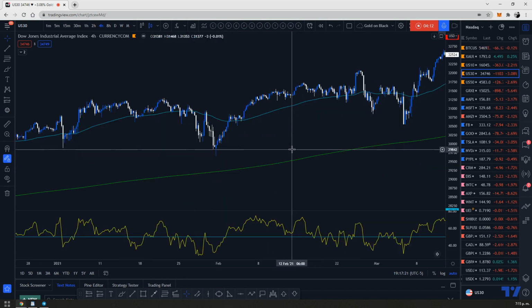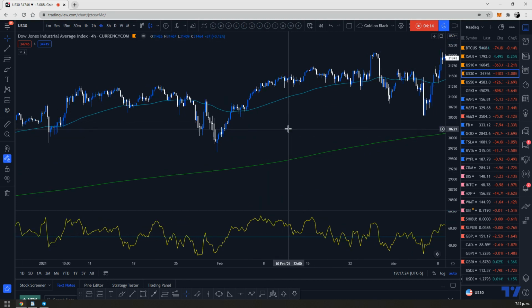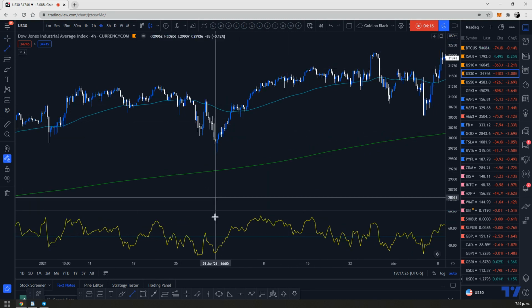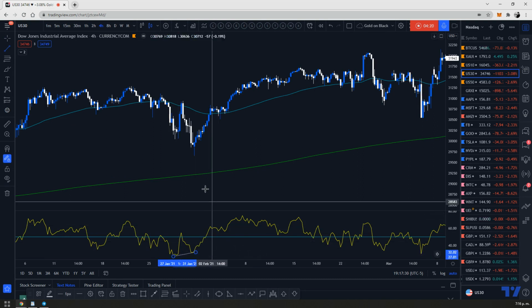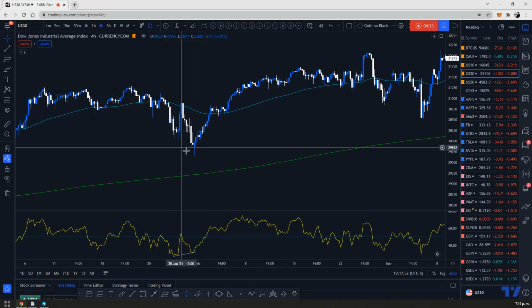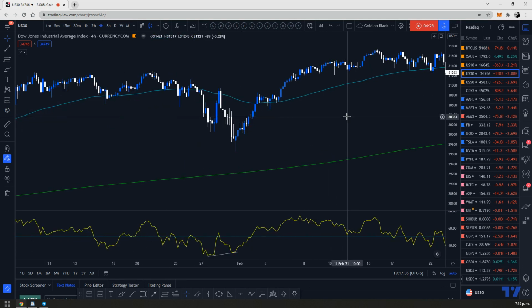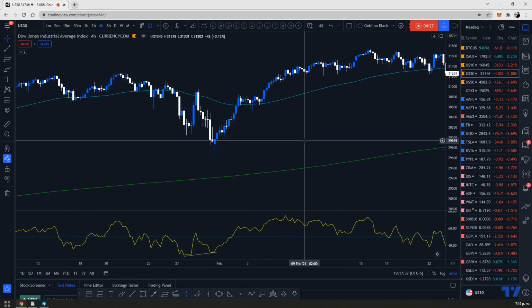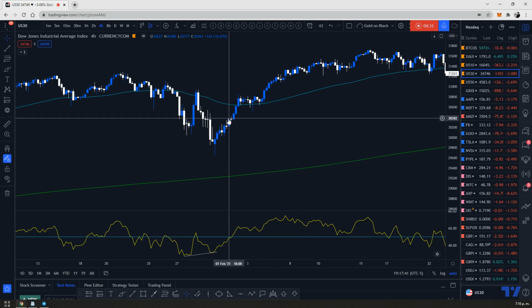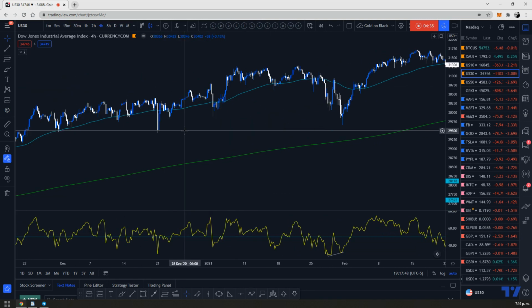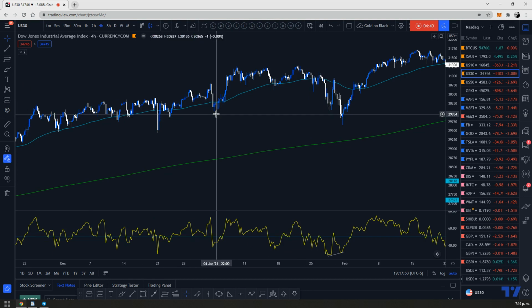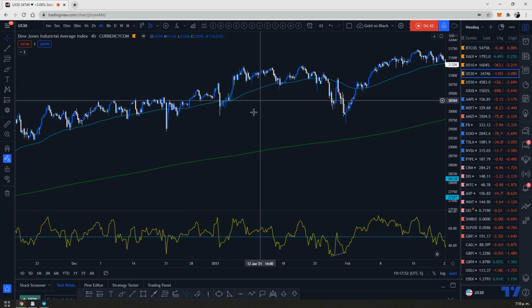Okay. And for that, as I mentioned, we could spot some type of divergences. Like you can see here, this nice divergence when the market dropped right here, you see that divergence right there. It's up to you if you want to do it this way, because there is not much that you can see here, unless you go into the past and see if there is some type of support or resistance.